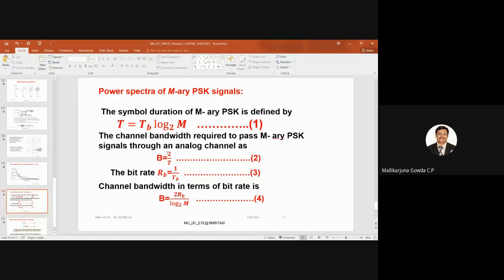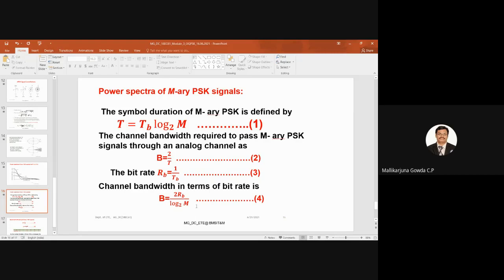So in equation 2, you substitute equation 1, that is B is equal to 2 divided by TB log M with base 2. I said 1 by TB is nothing but RB. So with respect to that, the channel bandwidth in terms of bit rate becomes 2 into RB divided by log M with base 2.